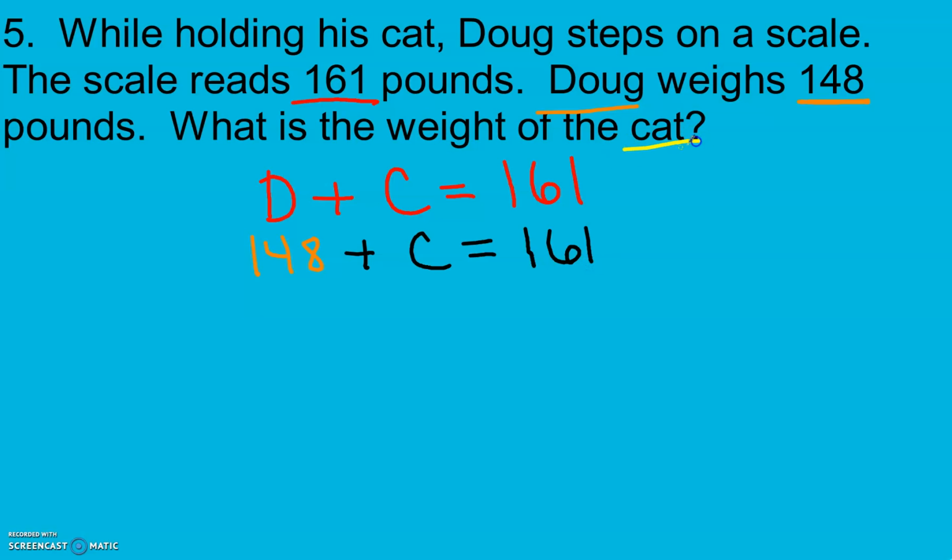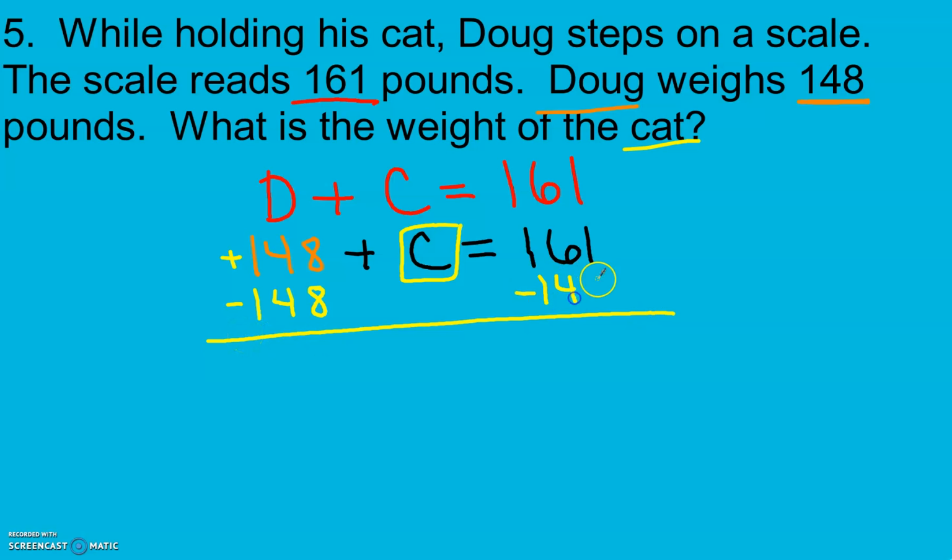Now, I want to know what is the weight of the cat. So right now I have a positive 148, which means it's like a plus. I will need to subtract. That's how I get to 0 there. And if I do it on the left side, I have to do it on the right side of my equals, to each expression on the equal sign.